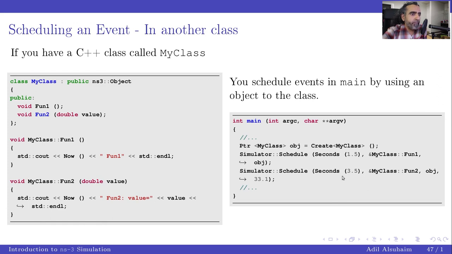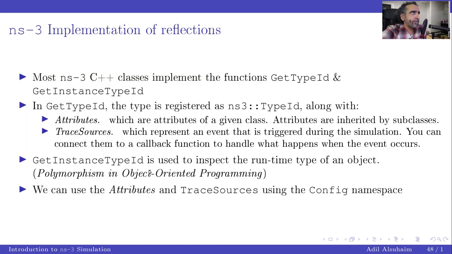Or if you need to pass an argument or more, you can list them after that. So fun2, object, and then the parameter. Don't do function overloading. Don't have multiple functions having the same name but different signatures, because it confuses the NS3 functionality. Instead, create a function with a different name to do that.